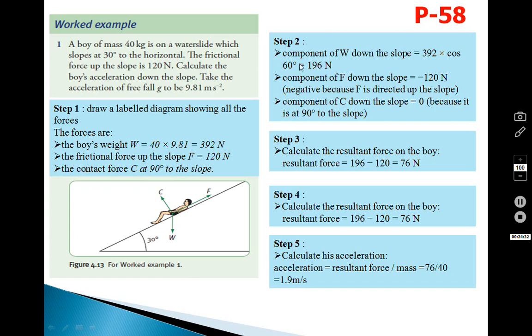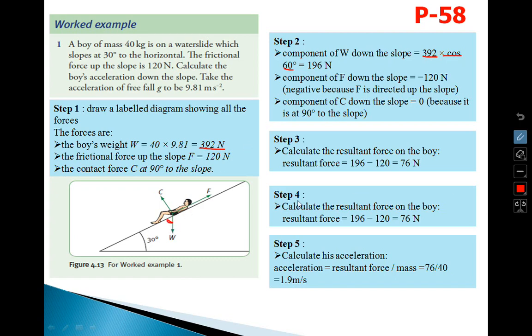So what we will have here is a component of W. First one is the component of W down the slope, and W was equal to 392. So the force here is equal to 392 times cosine theta, and theta here is 60.